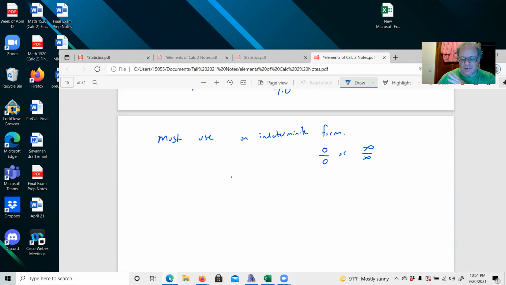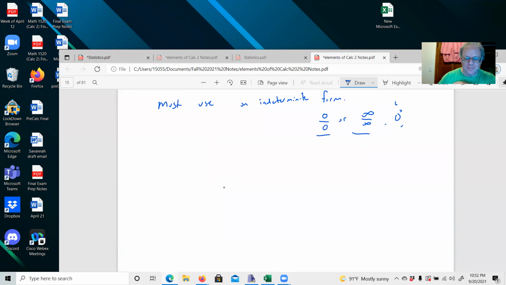If you don't have a form like this, there are some things you can do to hammer a problem into one of these forms, like 0 to the 0. I don't think your book does too many of these. But if you don't have an indeterminate form here, then you can't use this technique.